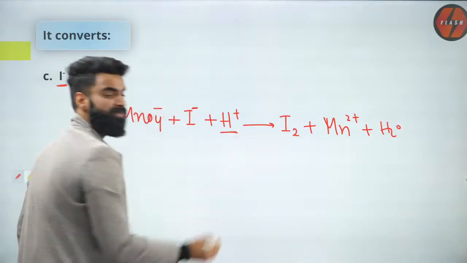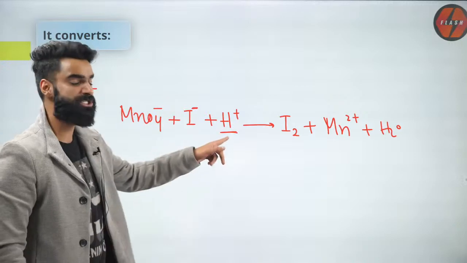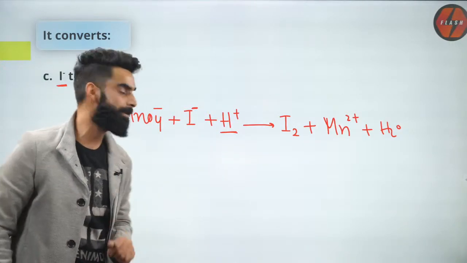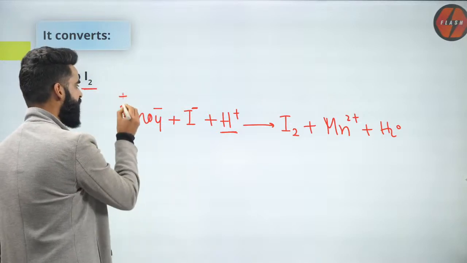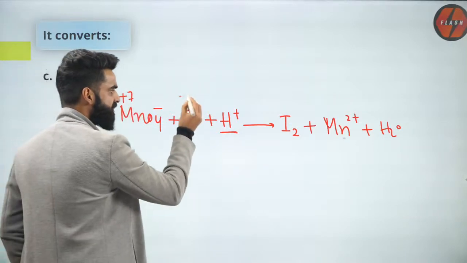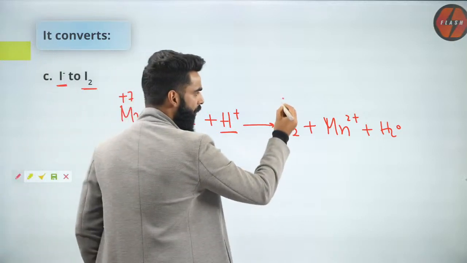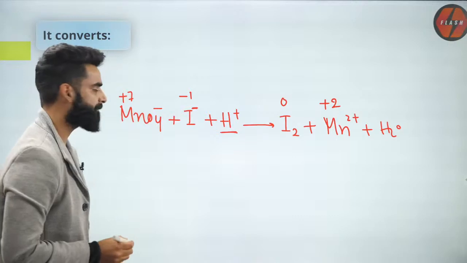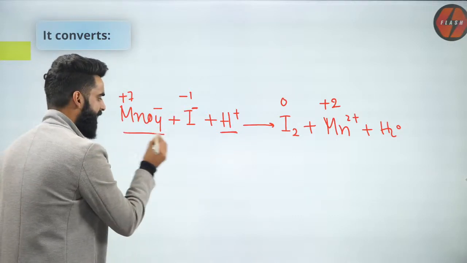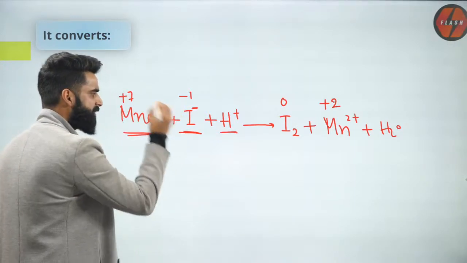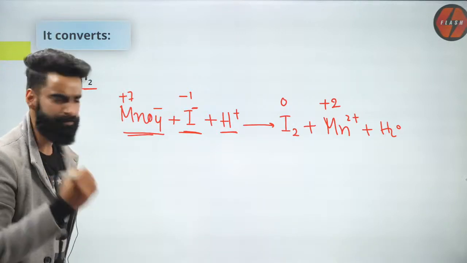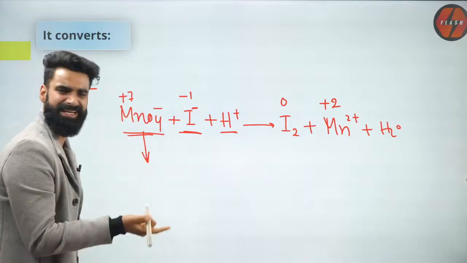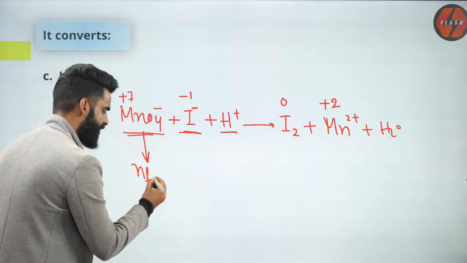What is this H positive for, if I ask you? This H positive just represents that the reaction is taking place in acidic medium. That's it. Now see, oxidation state of Mn over here is plus 7, oxidation state of iodine over here is minus 1, I2 over here is 0, Mn over here is plus 2, correct? Very simple. MnO4 negative in acidic medium, we already remember its N factor is 5.